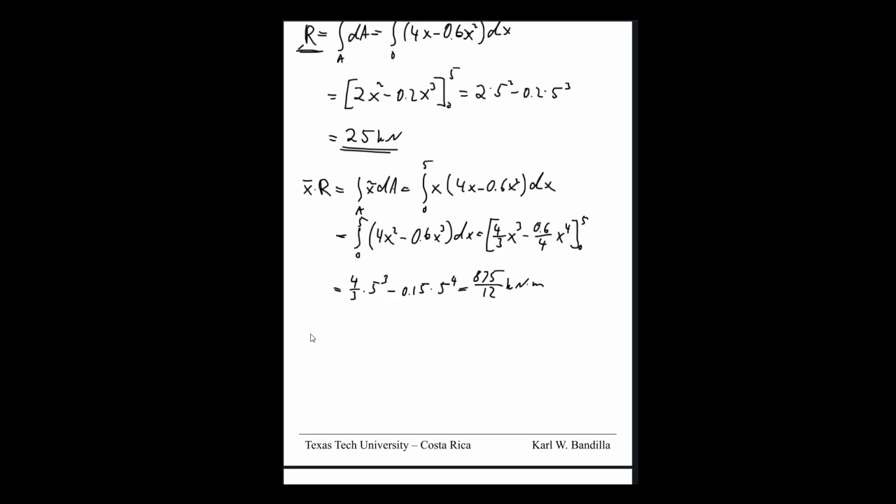So now if I want to get x bar, then I'd have x bar times R over R. So 875 divided by 12 kilonewton meters divided by 25 kilonewton. That gives me 35 over 12 meters, or 2.917 meters.